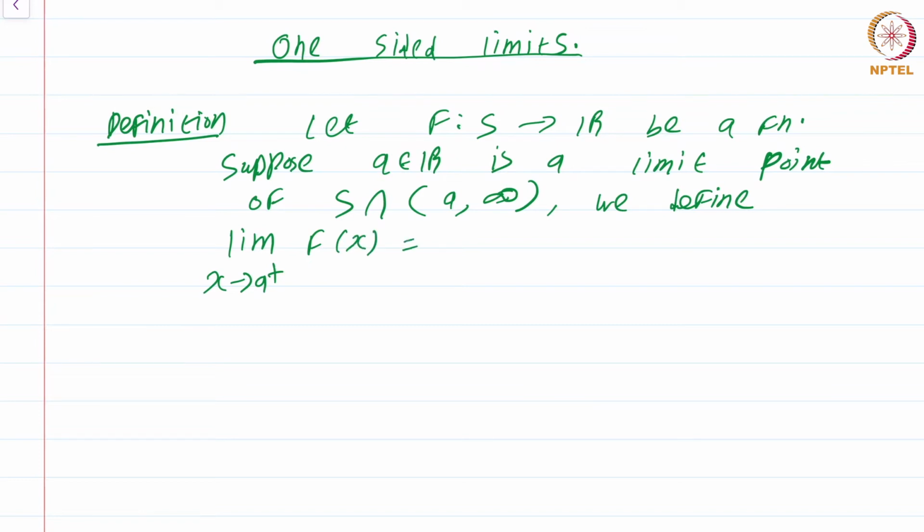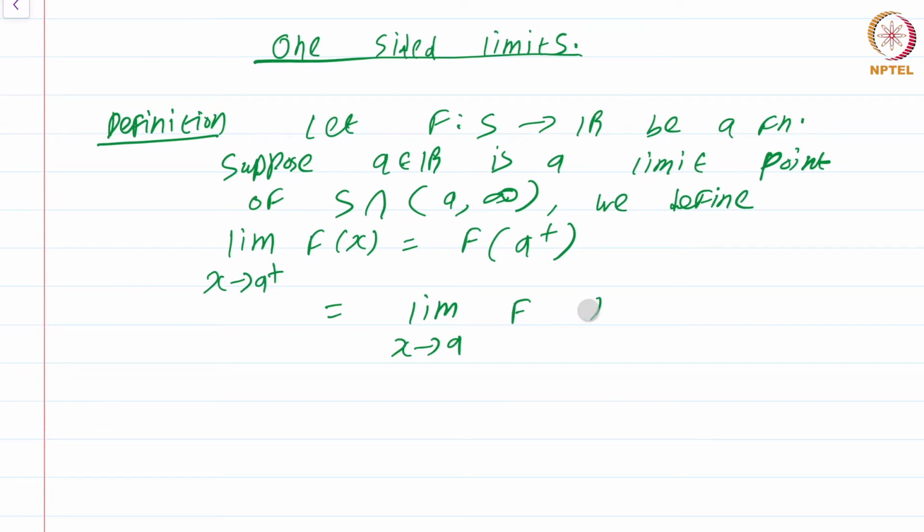This is also denoted f of A plus in many textbooks, to be limit x going to A of f of x, but not of the function f, just f restricted.